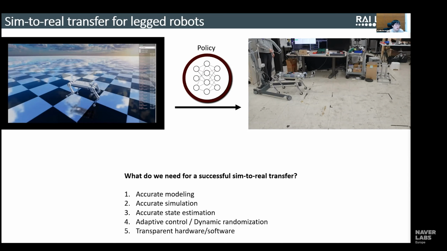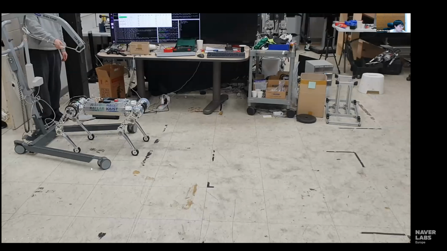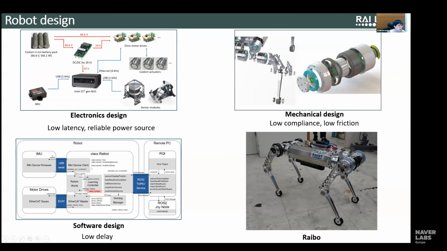For us, what we had to do to design a robot for simulation is just make a simple robot, right? Don't add extra components. If you add extra components, they add extra dynamics, right? So just make the robot very simple. And again, we use the idea from animals. We made the actuator modular.